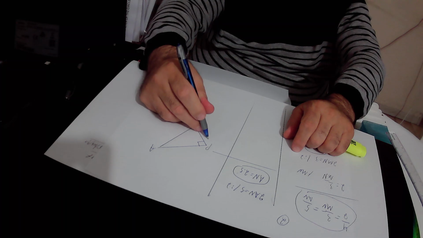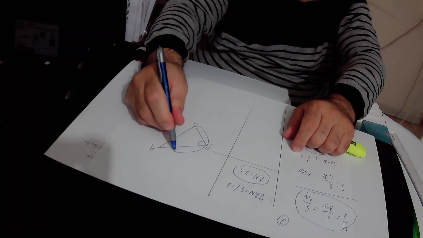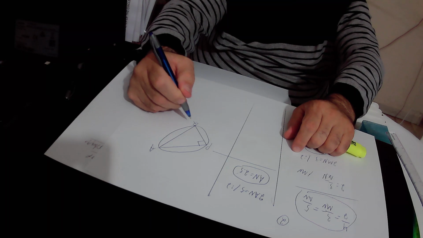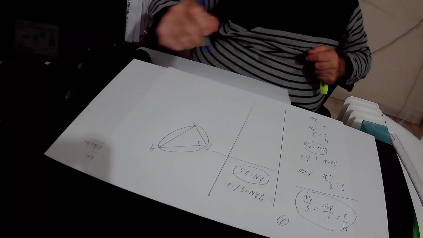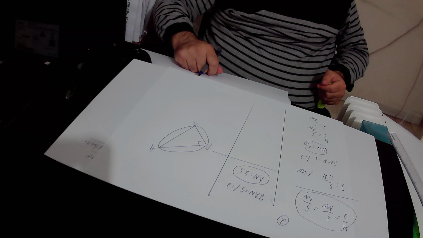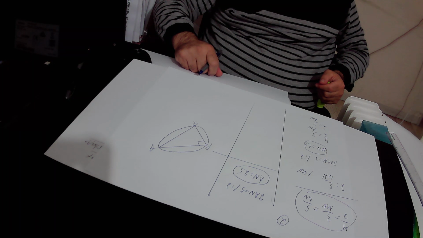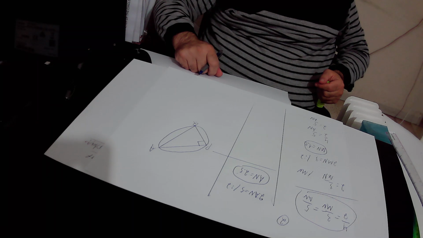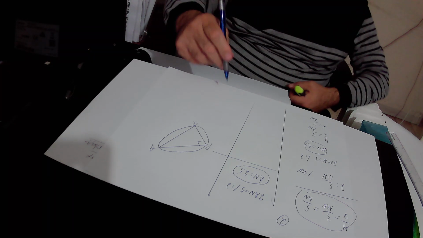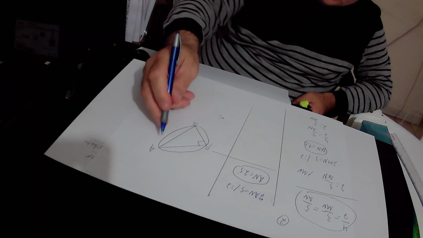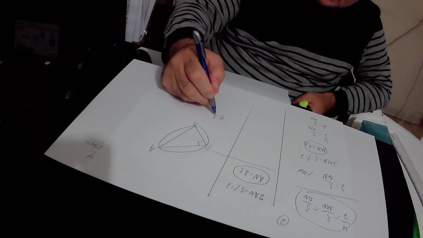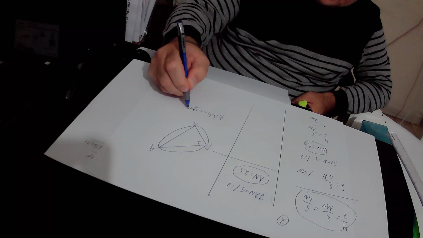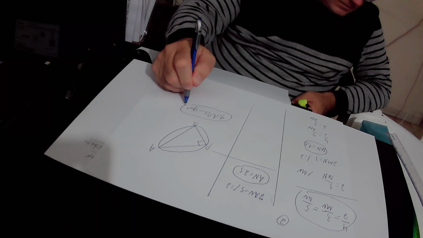So in this circle, we have peripheral angle APQ that is equal to 90 degrees.